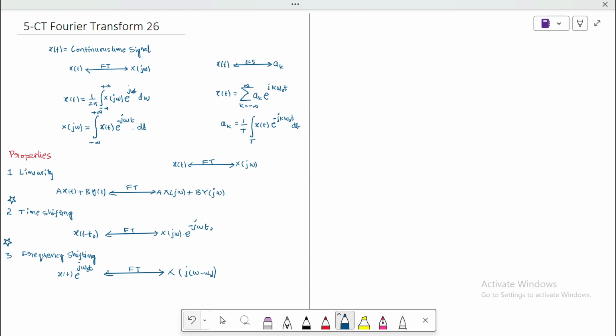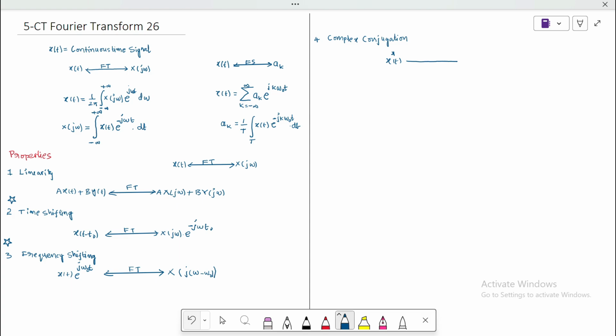Next one, complex conjugation. In complex conjugation, x of t complex conjugation.